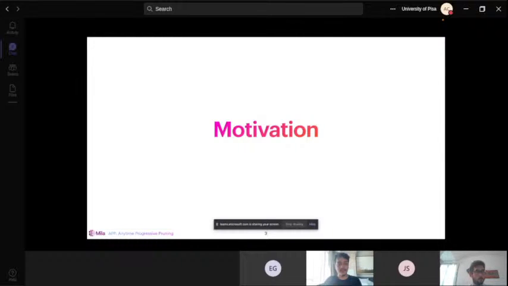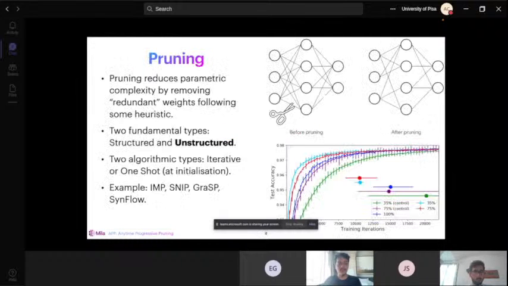Alright, so let's get into the motivation of our work. The motivation is divided into three main categories, which are themselves very popular subdomains within machine learning. First of them, which is arguably the most important, is pruning. If you are familiar with the lottery ticket hypothesis or papers which are about sparse neural networks, then this will sound very familiar to you.